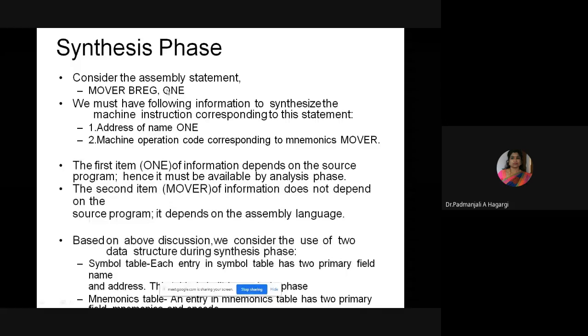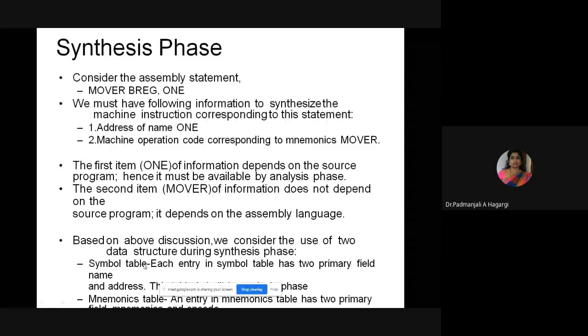So it first synthesizes what is its code, in the sense of the machine code, sorry, of the opcode, and what is the address of the operand. So it starts fetching the information from the symbol table, and it also generates another table, the opcode information with the values and the address it has.